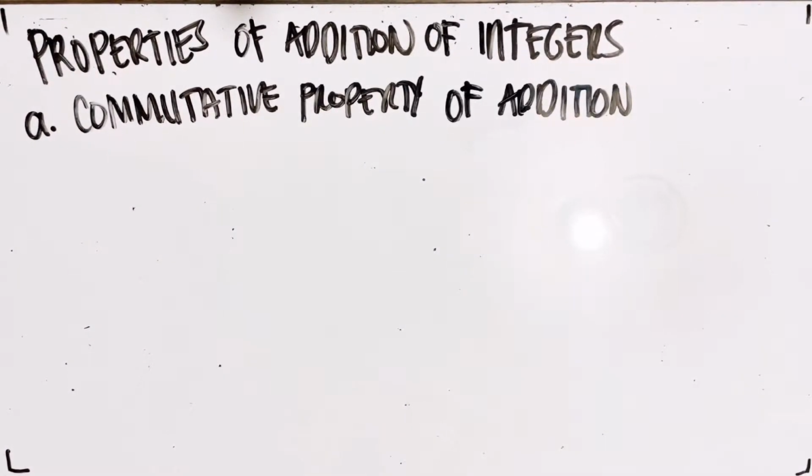So, commutative property of addition states that changing the order of addends does not change the sum. So, even if we change the order of the addends, the sum doesn't change.